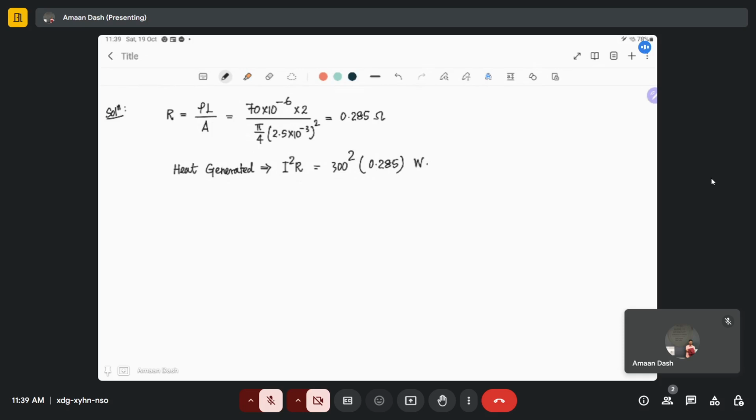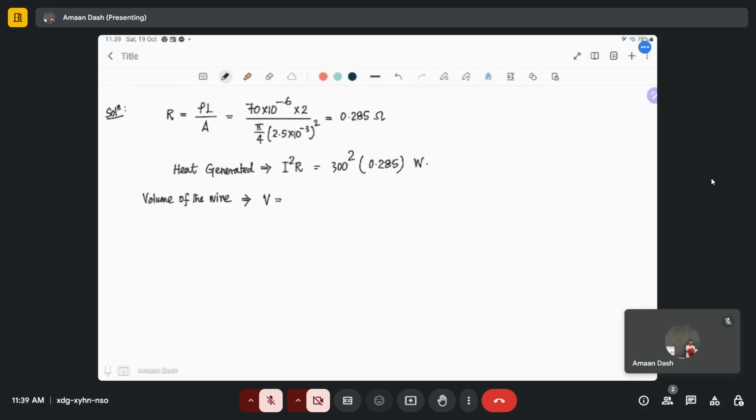Now we have to calculate the volume of the wire, so this is a cylinder.